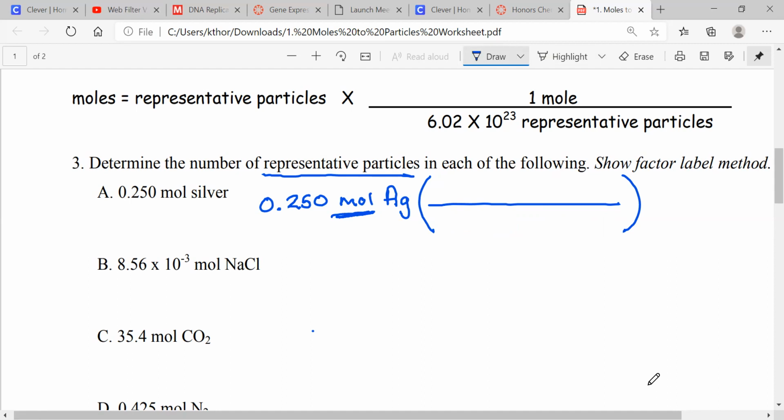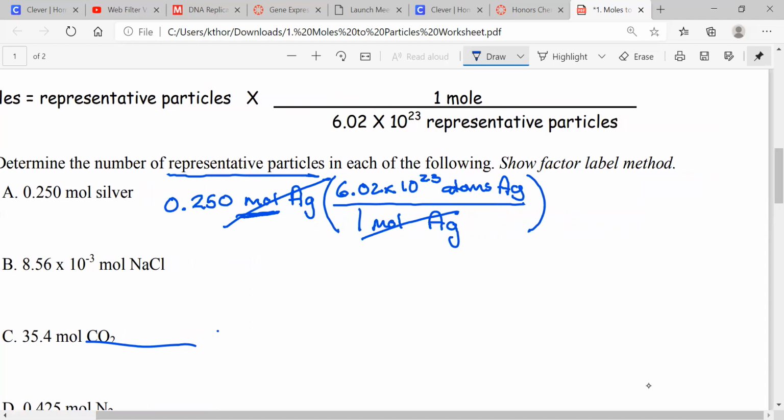So what's on the bottom? 1 mole. That's right. 1 mole of silver is equal to Avogadro's number, which is going to be on top. Now, Max, does moles of silver cancel out? Yes. Good. So this is a multiplication problem.